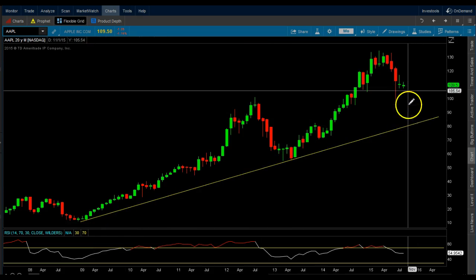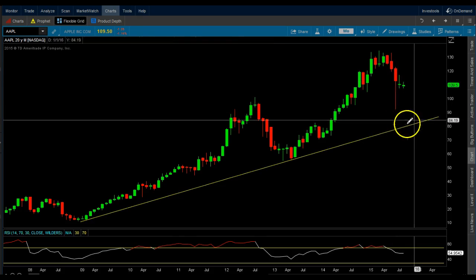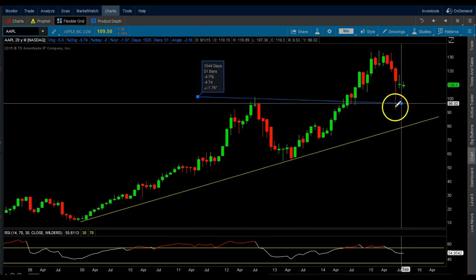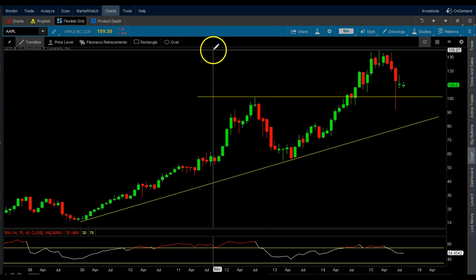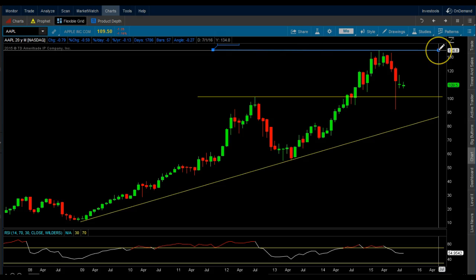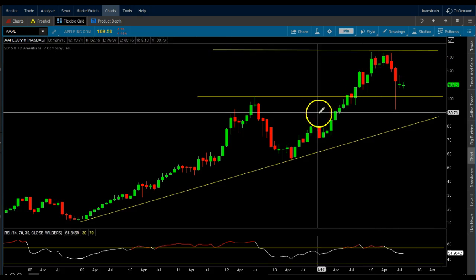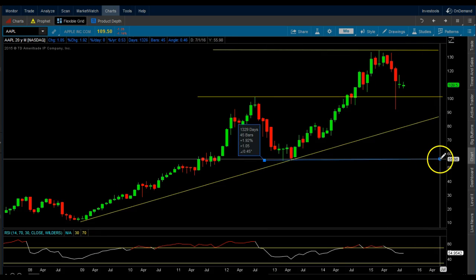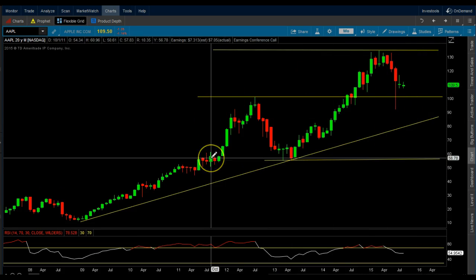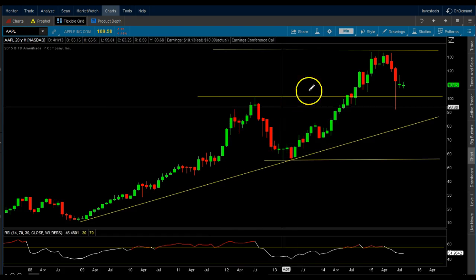And as price comes down, we're going to look to potentially be a buyer. We can also draw trend lines straight across. Look for support and resistance. We know this was a high, right? Up here. This is a swing high. We could say this is a swing low. So we now are starting to see support and resistance levels by drawing trend lines.